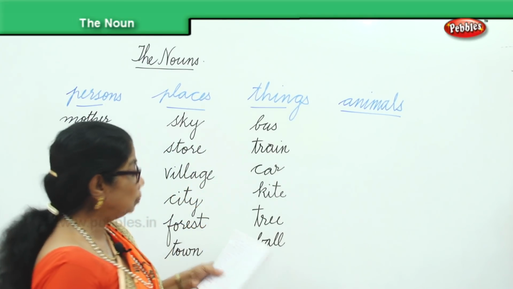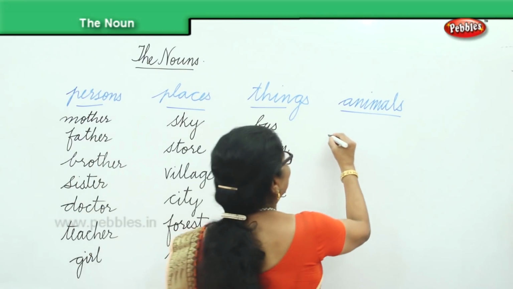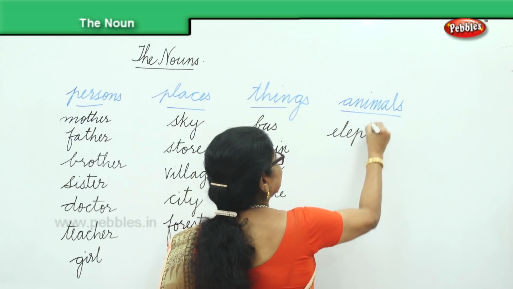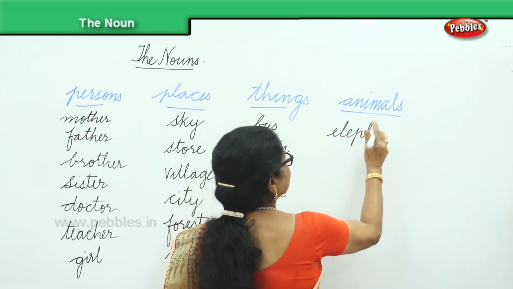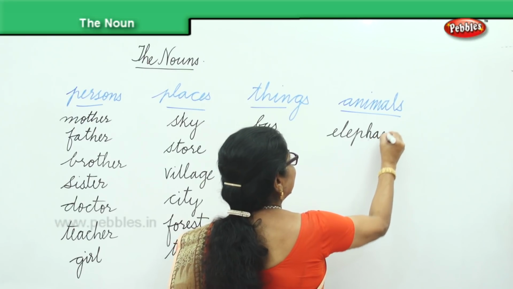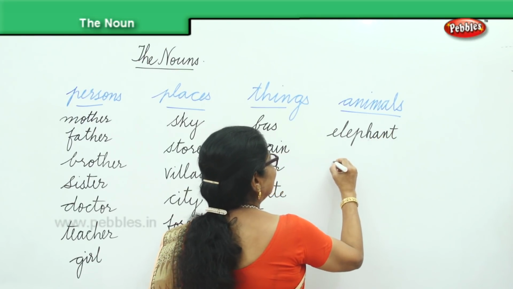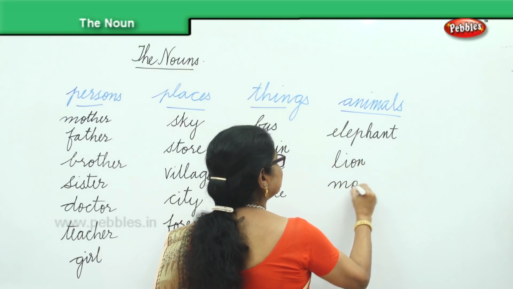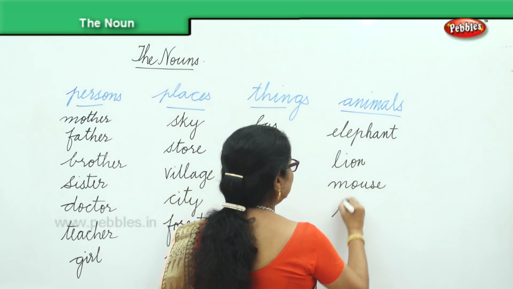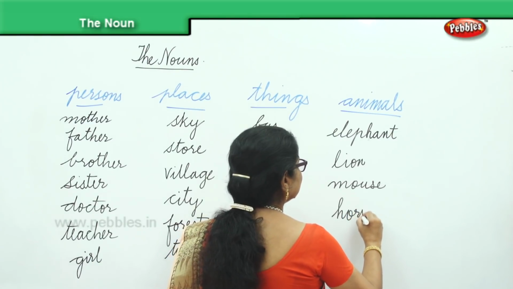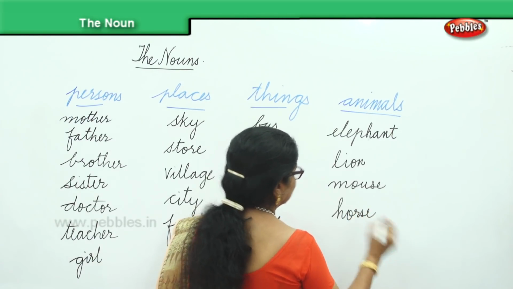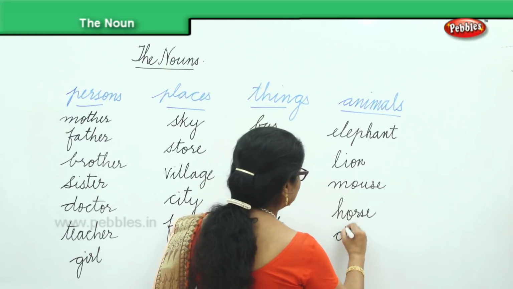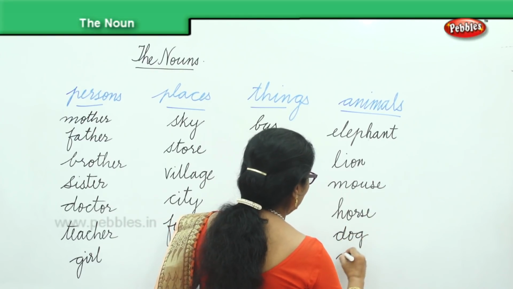Then we go to, say, animals, say, elephant, then lion, mouse, horse, dog, all animals.